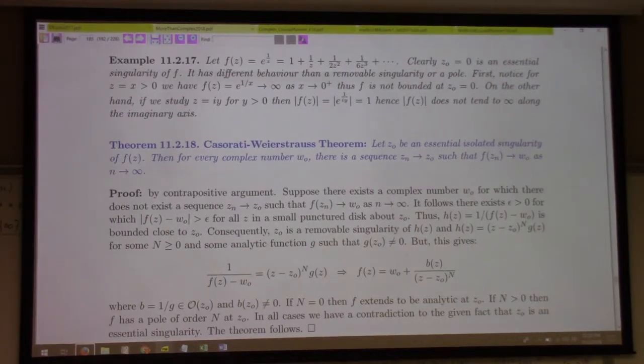So e to the i times 1 over y is just a point on the unit circle, which has modulus 1. So along the imaginary axis, this thing limits to 1. Actually, from either side, I think. Actually, I'm not so sure.